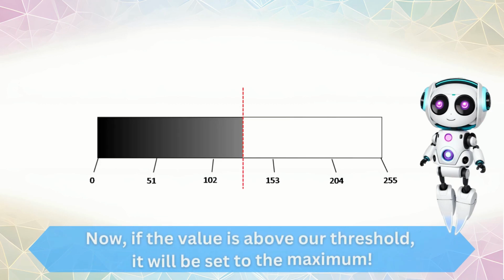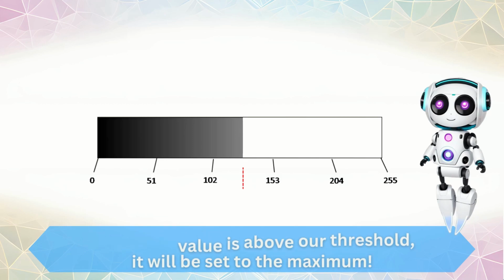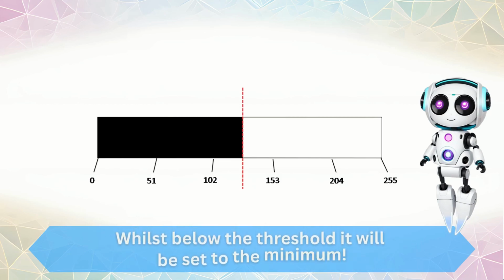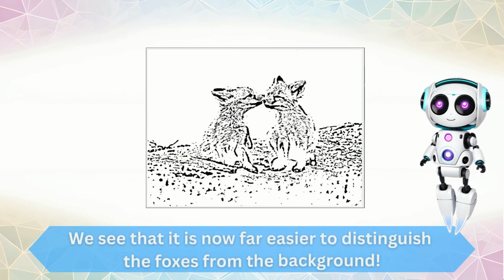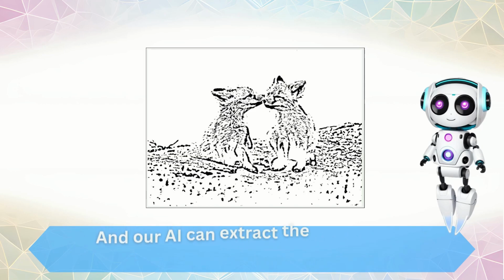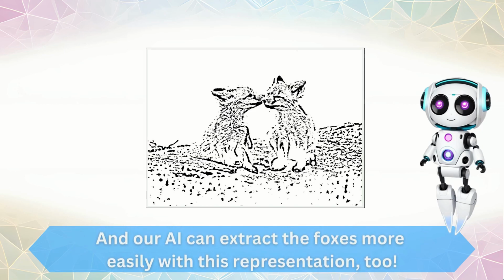Now, if the value is above our threshold, it will be set to the maximum. Whilst below the threshold, it will be set to the minimum. And the result looks somewhat like this. We see that it is now far easier to distinguish the foxes from the background. And our AI can extract the foxes more easily with this representation too.